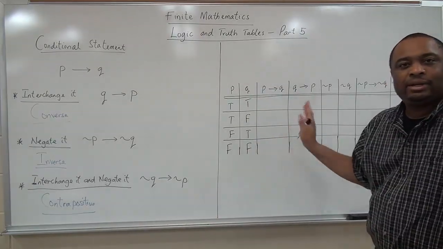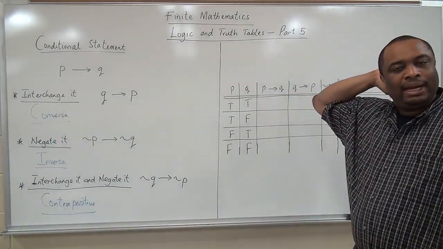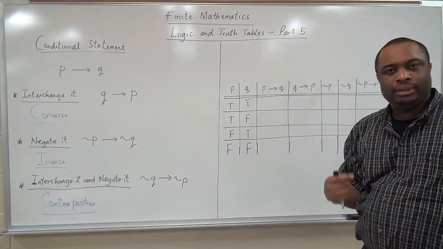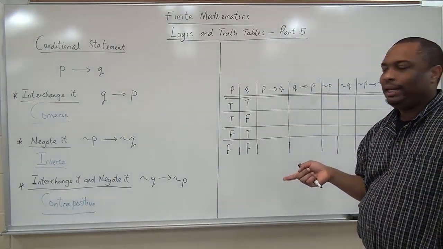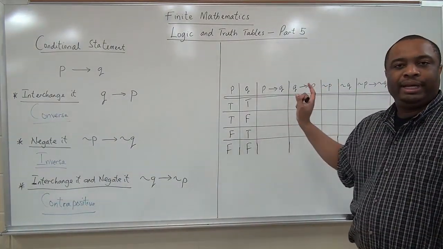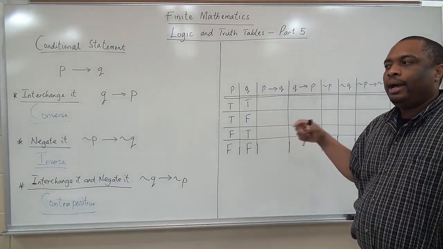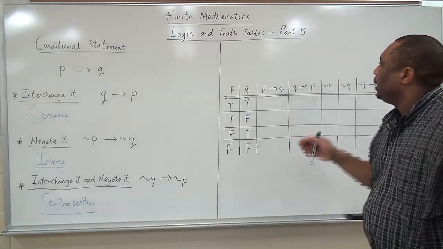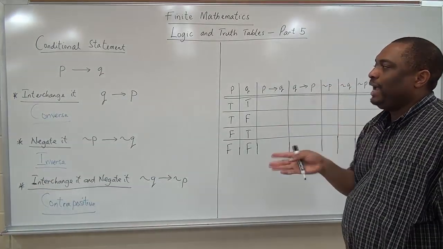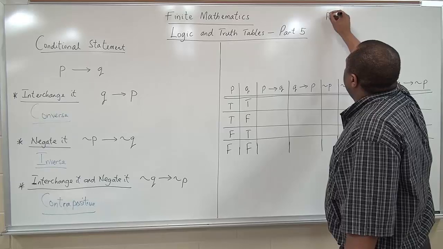All right, I know we discussed this in previous videos, but let us rewind it again, so we make sure we put in the correct values on every one of them. Let's have a refresher on the conditional and biconditional statements.